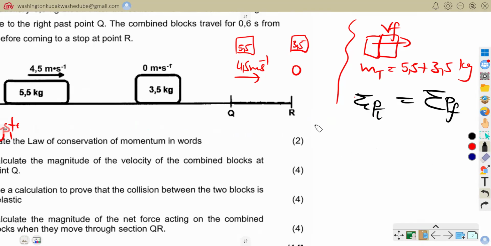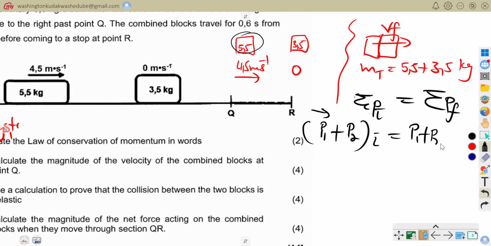Total linear momentum is the linear momentum of object 1 initially, and we know that momentum is represented by the letter P, plus momentum of object 2 initially, being equal to momentum of object 1 plus momentum of object 2 finally.